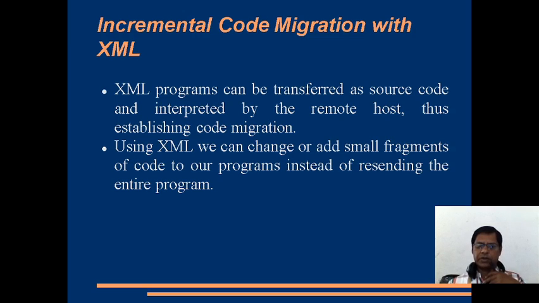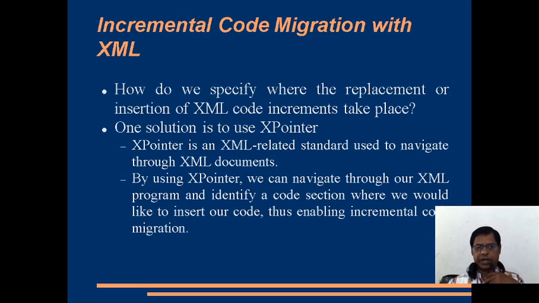Okay, so how do we specify where the replacement or insertion of XML code increments takes place? At what position do we have to specify the replacement, insertion and increment?